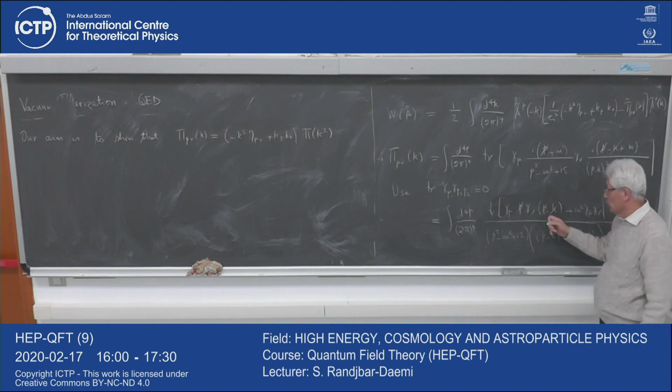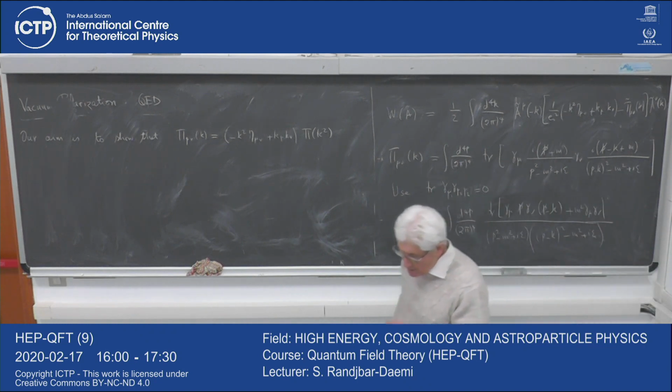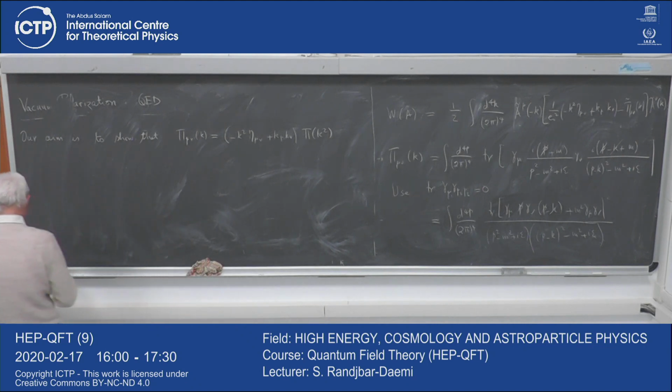Therefore, we are going to evaluate the traces in 4 dimensions. So we will evaluate the traces of the gamma matrices in 4 dimensions and then apply dimensional regularization to regulate the integral over p. And in order to fit this whole calculation in 1 hour, I am going to sketch the steps and give some detail of the calculation.